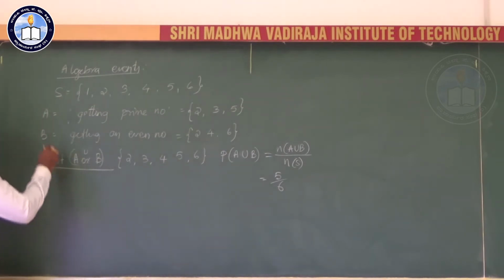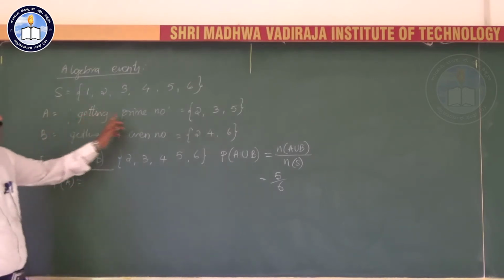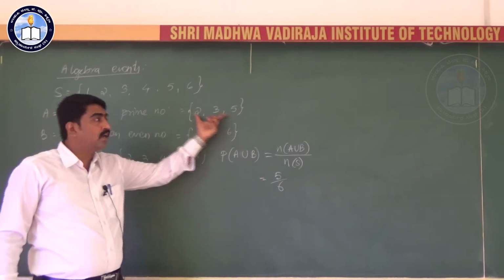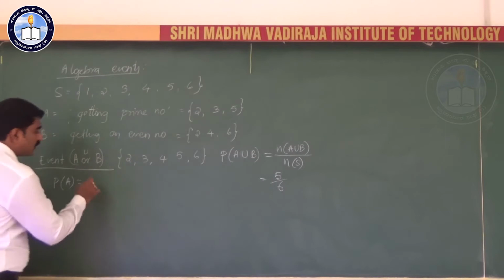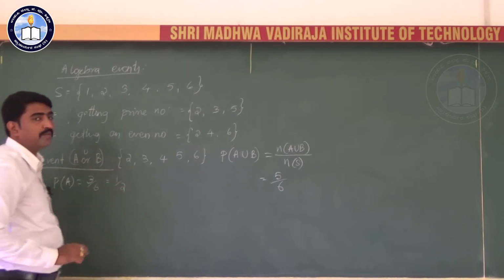So what is the probability of event A, or getting a prime number? There are 3 outcomes out of 6. So the probability of event A is 3 by 6, that is nothing but 1 by 2.